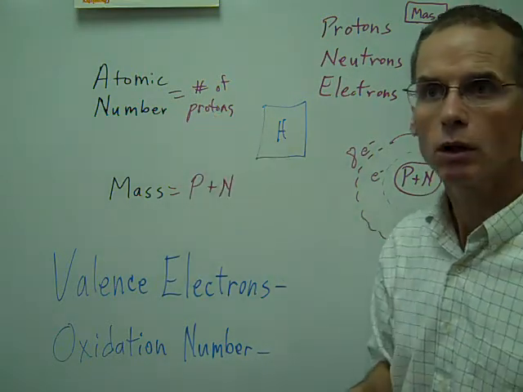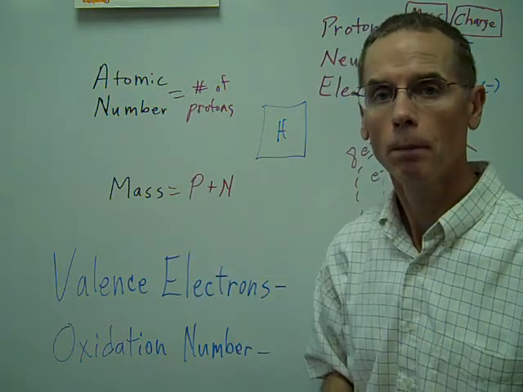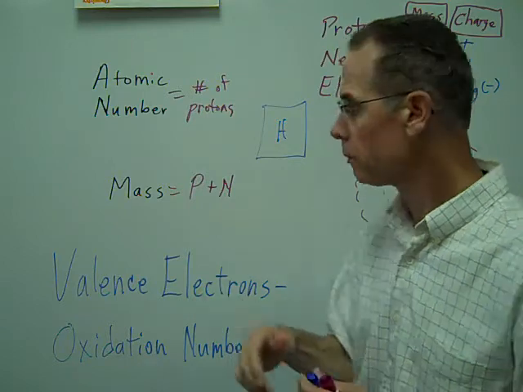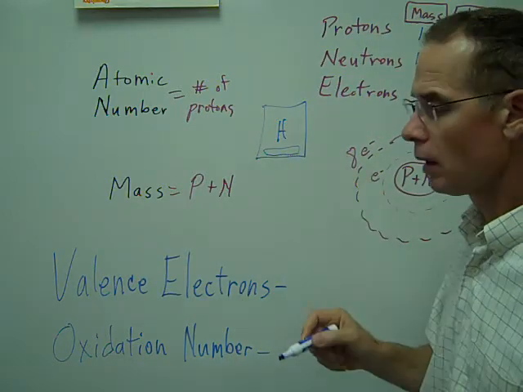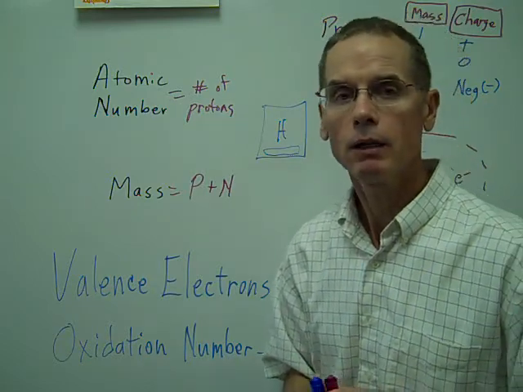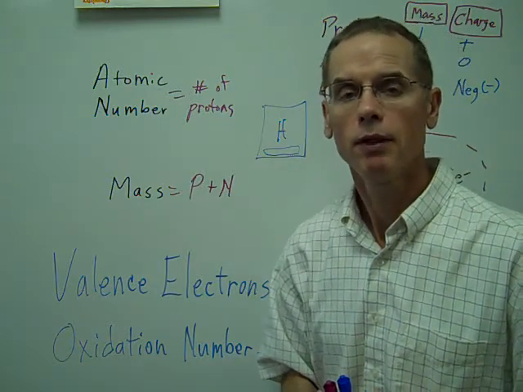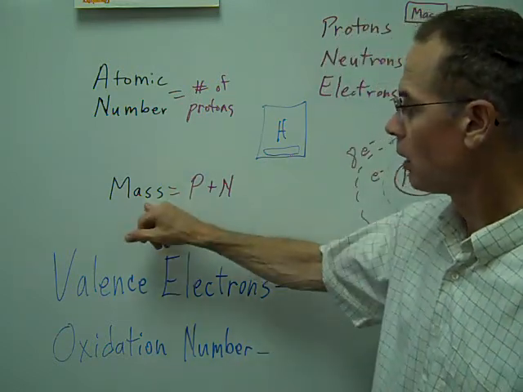Similarly, there's a number in smaller type, typically in the bottom of the box, that has many digits to it. And that number typically represents the mass of that particular atom, the atomic mass.